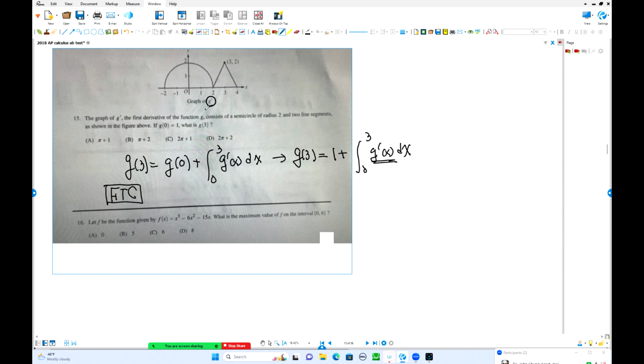We take the integral area from 0 to 3 up to here, this area and this area. Is it okay? What is there? This is one quarter of a circle. Radius is 2, pi r squared.